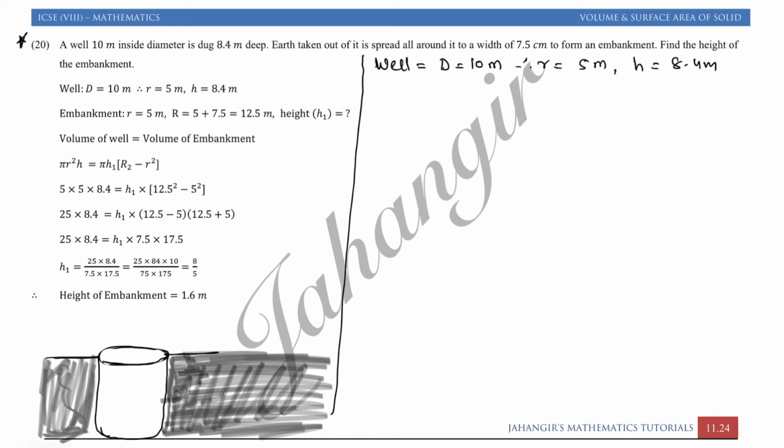Mud from the well has been taken out and spread outside it, around the well. Around the well means here we had built up a wall to make it a cylindrical portion, and we had built up another, and this whole mud is spread around it in the form of an embankment. Whatever blue portion there is, I will shade it with blue.